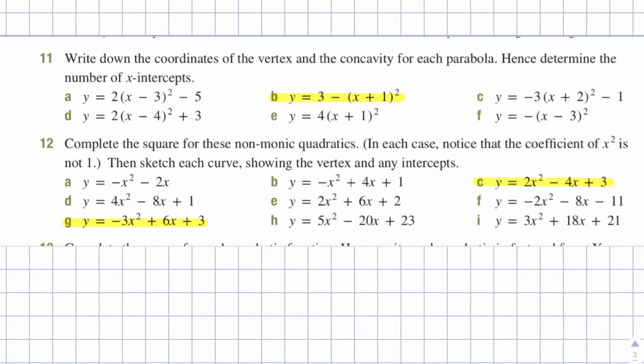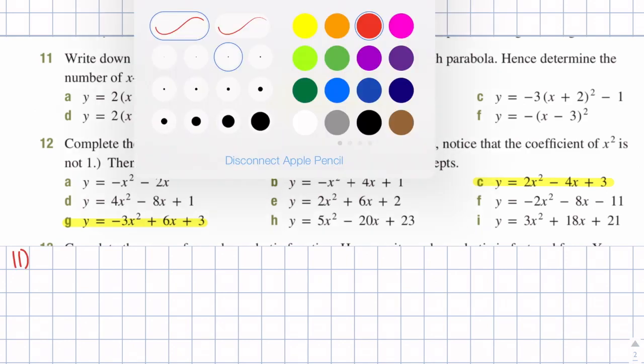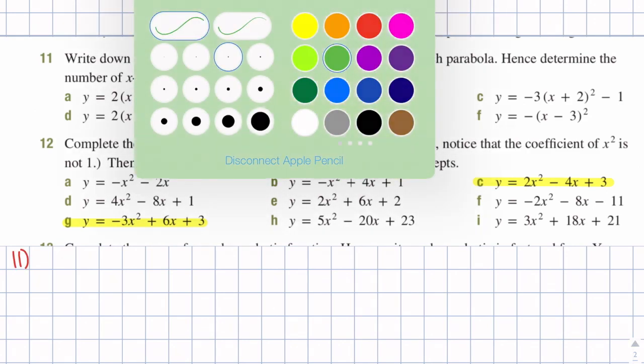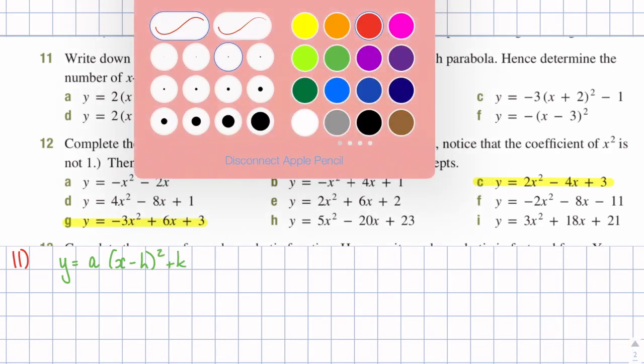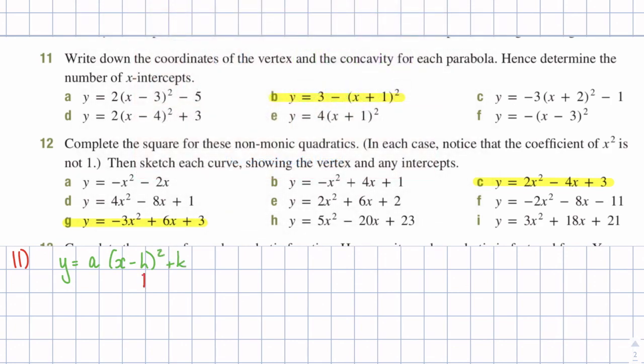So don't forget that when we have it in this form, y equals a outside of (x take h) squared plus k, the h is the axis of symmetry, which is the x-coordinate of the vertex.